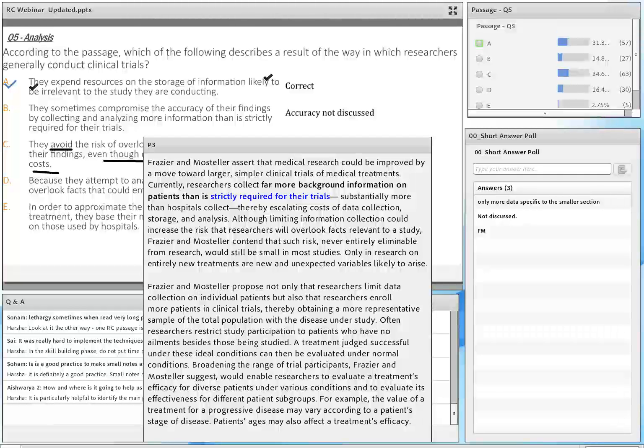Not discussed. It says it leads to a two-step trial. A treatment just successful under these ideal conditions can then be evaluated under normal conditions. That's the current way. It's not saying that treatment is inaccurate. Accuracy is not discussed anywhere. If you're thinking accuracy in your brain, you're thinking beyond the scope of this entire passage.